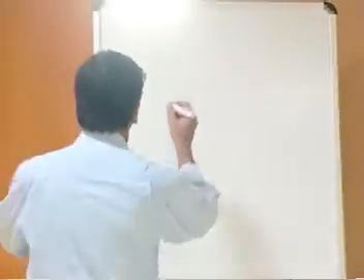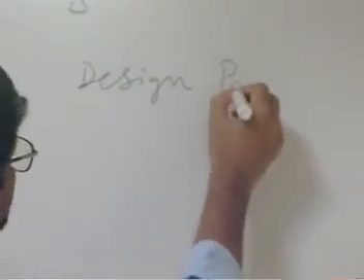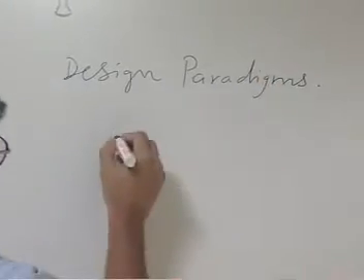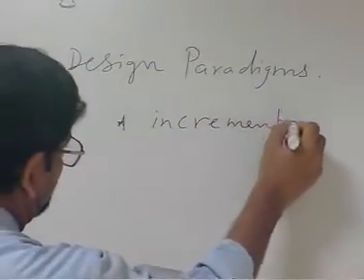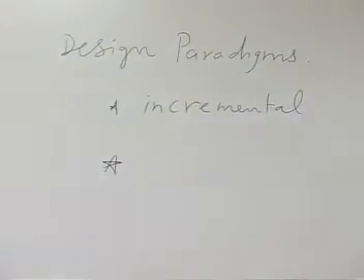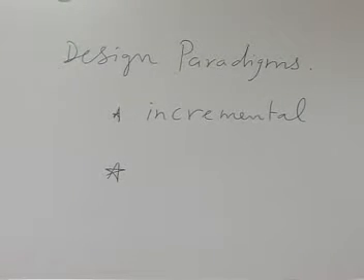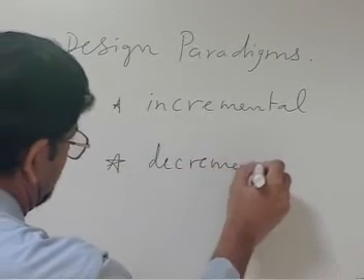So what is complementing for design paradigms? First, incremental. We are going to see a close relative of this, actually the complementary view taken for this, that is decremental design.